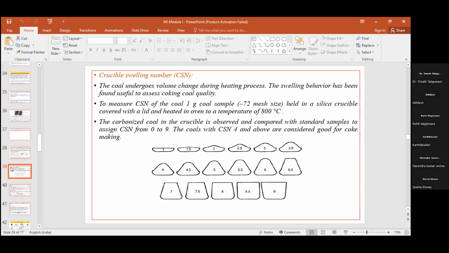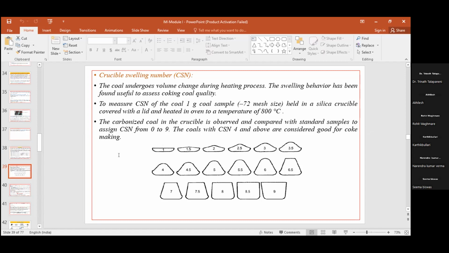For that, we take 1 gram of coal sample having particle size of less than 72 micron, and this is kept in a silica crucible inside an oven, and this crucible is heated from the bottom onwards to a temperature of 800 degrees centigrade with a closed lid.